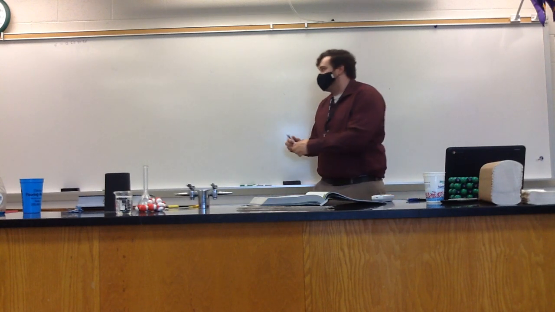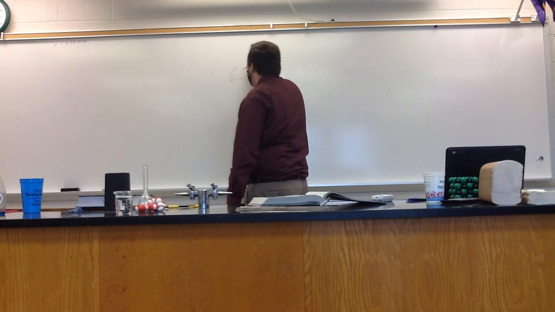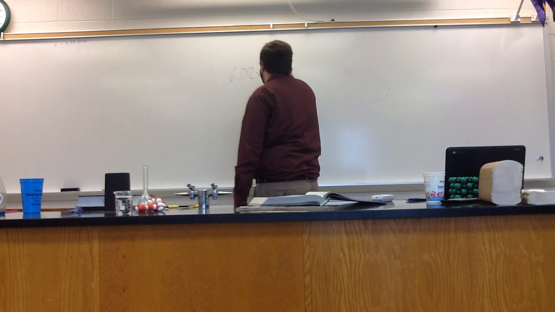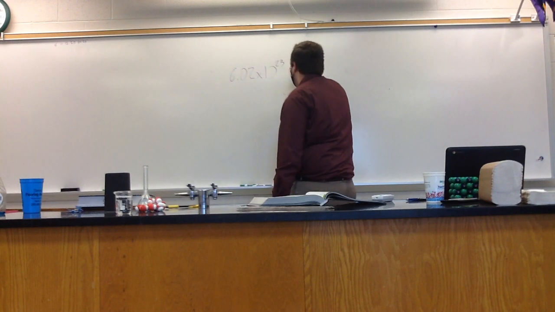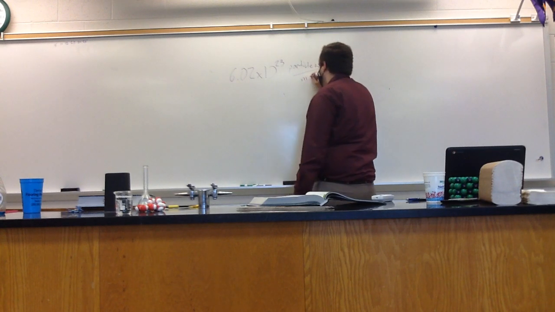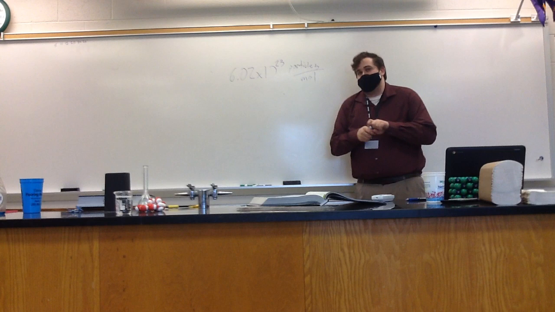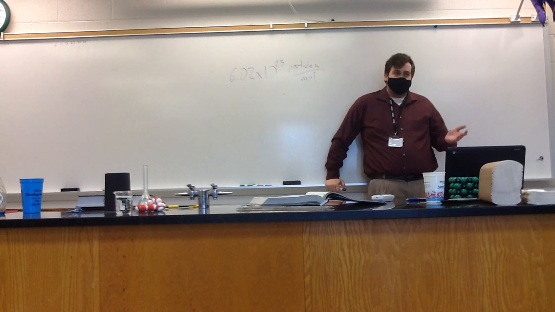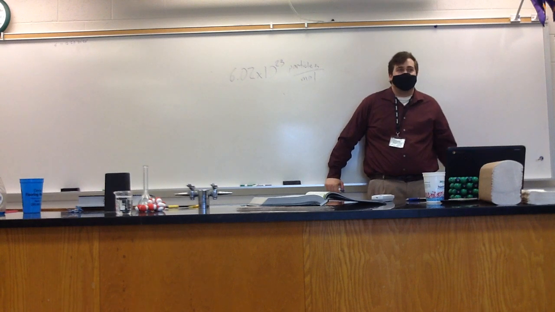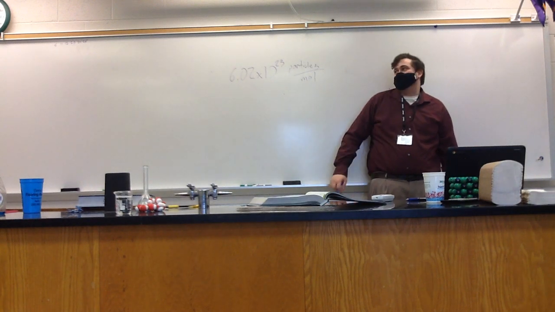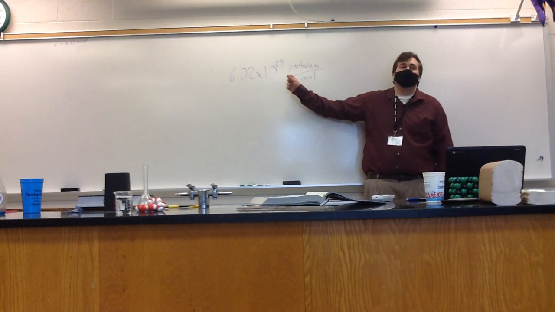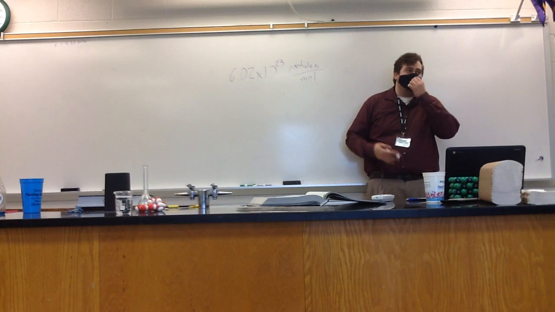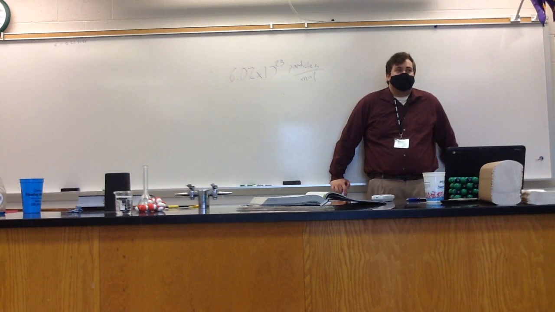Because again, Avogadro's number is 6.02 times 10 to the 23rd particles per mole. So again, that could be number of atoms, could be number of molecules, could be number of donuts, doesn't matter. If you have a mole of donuts, you get 6.02 times 10 to the 23rd particles per mole. Same thing with atoms, same thing with molecules. Does that make sense?